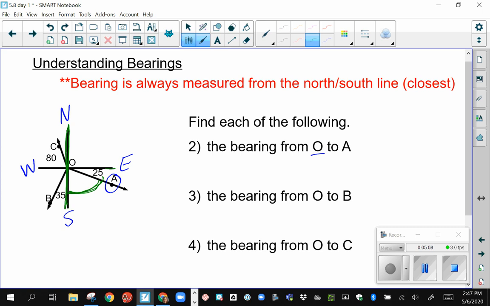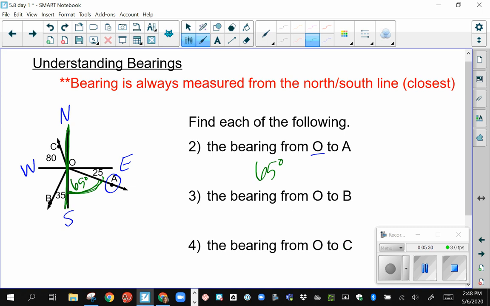And we would find that this is 90 degrees total. So we would find that by subtracting the 25-degree angle measure that was given from that to give me 65 degrees. Okay, I would not measure here to here. You don't want it to be above 90 when you're working on bearings. Okay, so 65 degrees is what you're going to put in the middle.